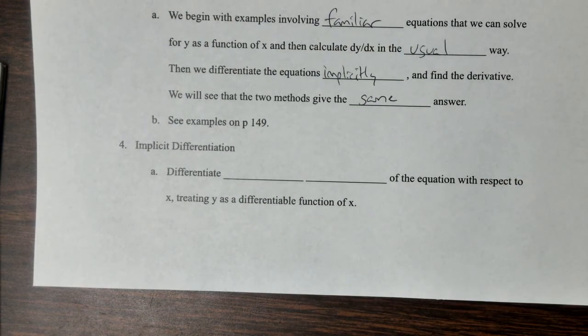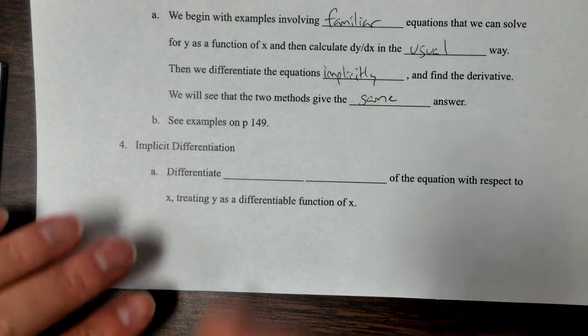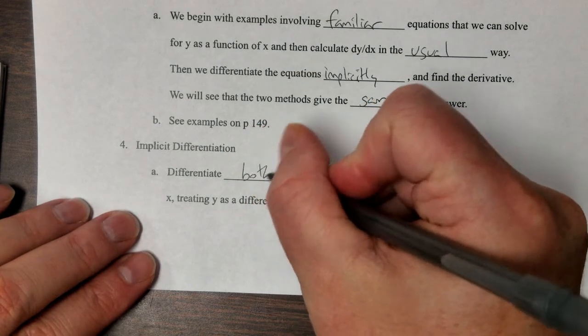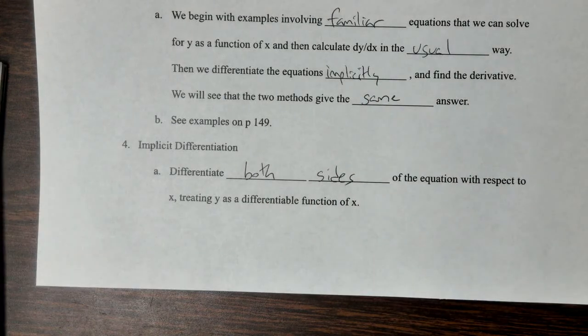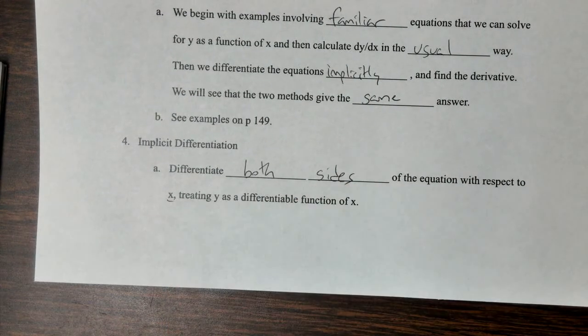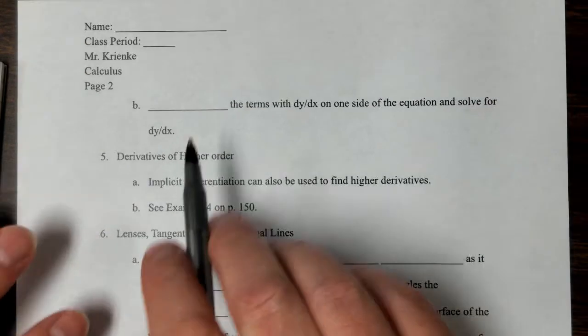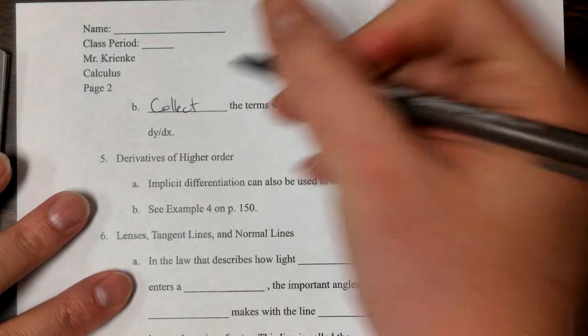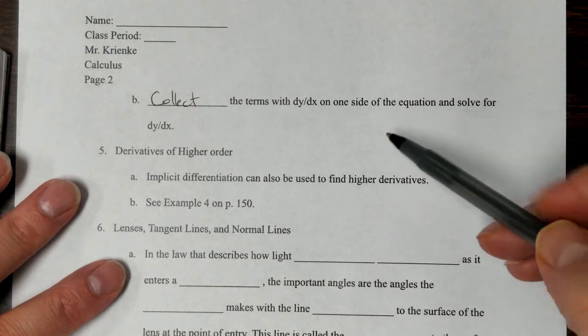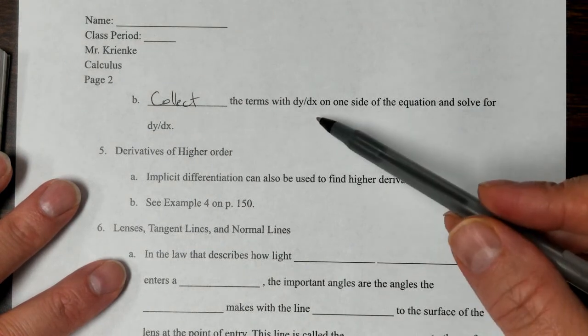Number 4, differentiate both sides of the equation with respect to x, treating y as a differentiable function. Then we want to collect the terms with dy dx on one side and solve for dy dx.